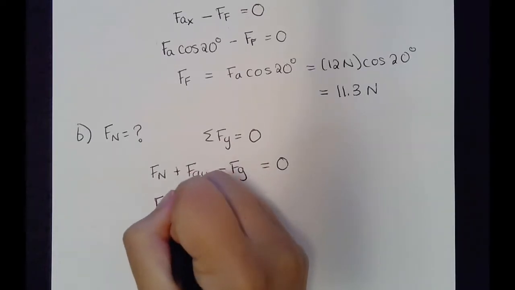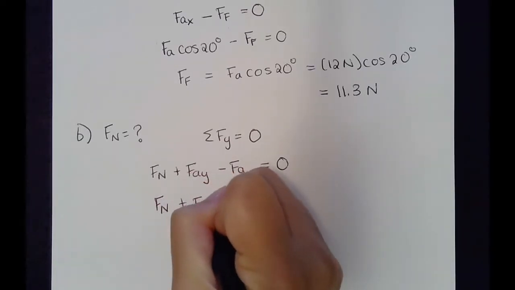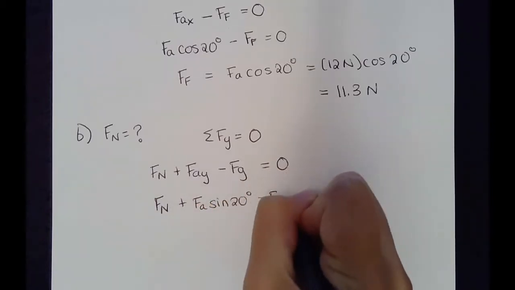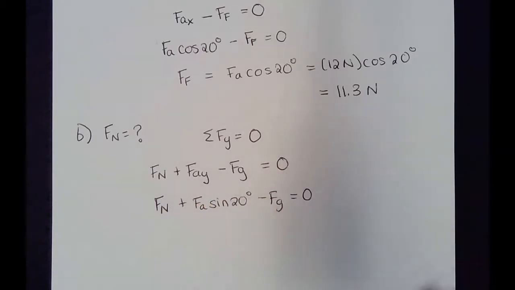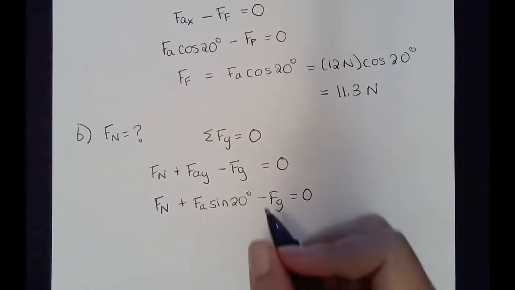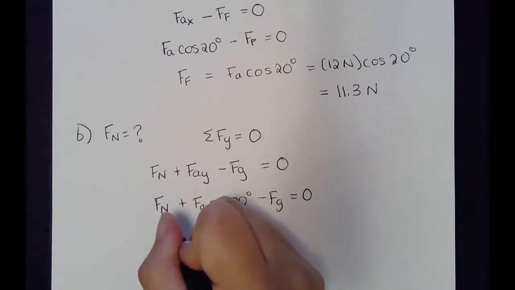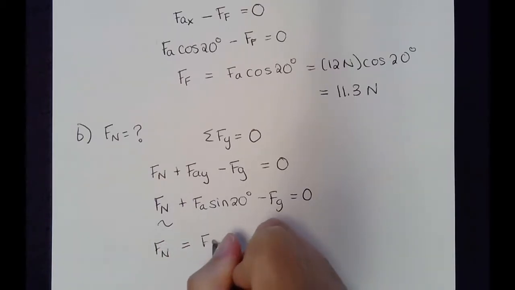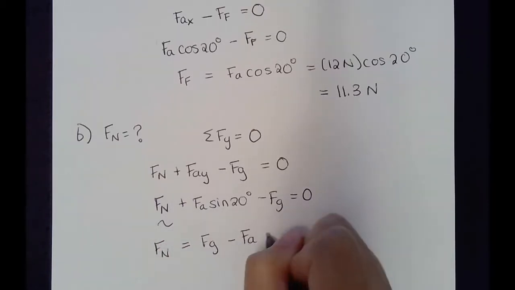So now let's put in the components, Fn plus Fa sine 20 minus Fg equals 0. And then I'm solving for this normal force, so we get Fn equals Fg minus Fa sine 20.